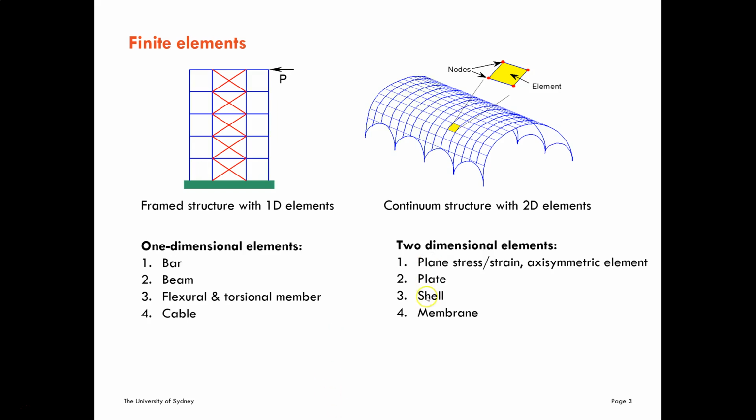And the shell corresponds to the integration of the degrees of freedom of the plane elasticity element with the plate element. And the counterpart of the shell is going to be the fully flexural and torsional members in 2D, in 1D. Finally, we have the membrane, that is the counterpart of the cable in 1D. So all these elements we can construct as one-dimensional members or two-dimensional members.